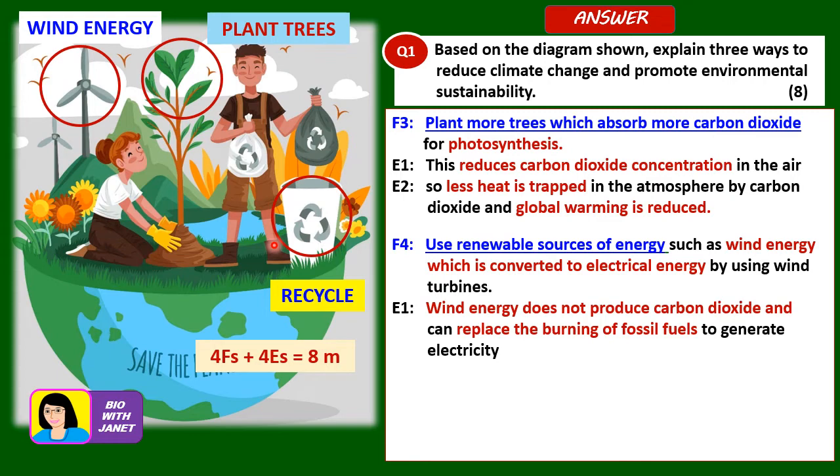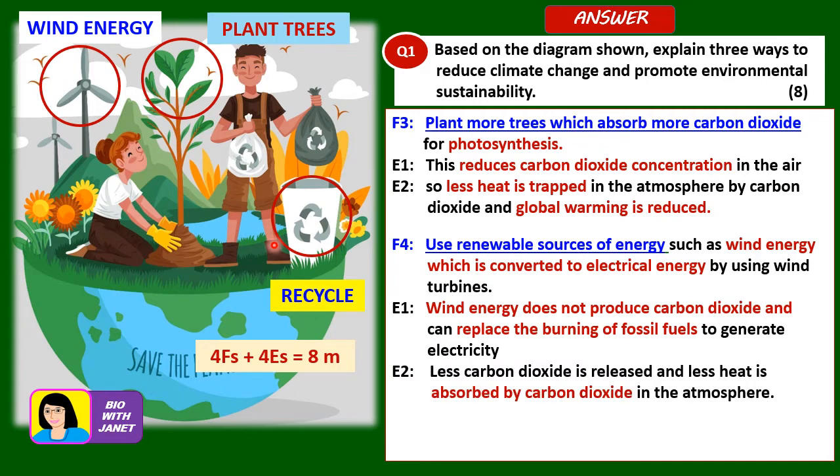Okay, so it is a cleaner form of energy than the energy produced from sources like burning of fossil fuels. It doesn't pollute the environment, and it doesn't increase the carbon dioxide concentration in the air. So less carbon dioxide gas is released and less heat is absorbed by the carbon dioxide in the atmosphere, right? So this F and its two E's are in one paragraph by itself, right?